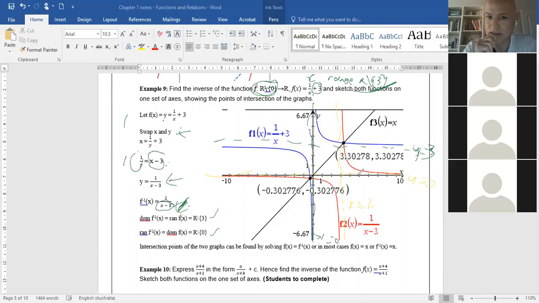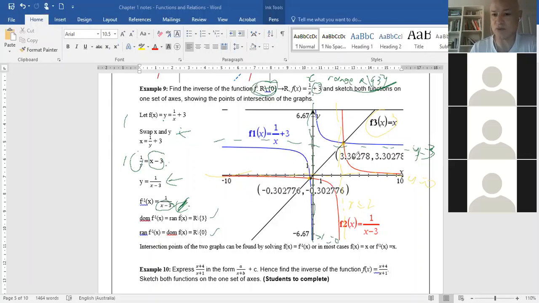Any questions there? Because then it says show the points of intersection of the graph. Well, the easiest thing is I put in the line y equals x. There it is, and that's where they intersect. Any questions? If they asked us to find it, then we would have to find those intersections. I found them on the calculator, as you can see.